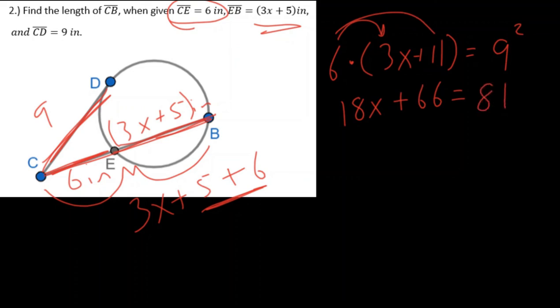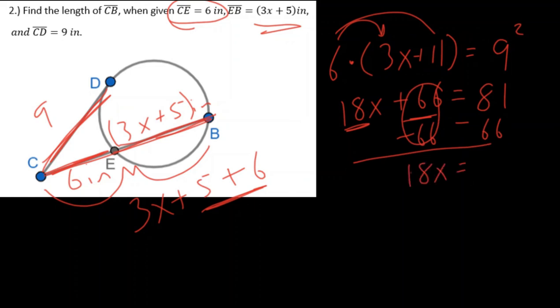Now, working through here, we just want to solve for x. So what do we get rid of first? Do we get rid of the multiplication or the addition? In this case, we always get rid of the addition first through subtraction. So the opposite of plus 66 is minus 66. That gives us our 0 pair. And we have 18x is equal to 81 minus 66. I think it's always smart to use your calculator so you don't make a mistake.